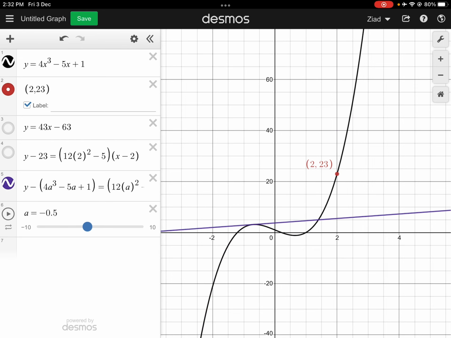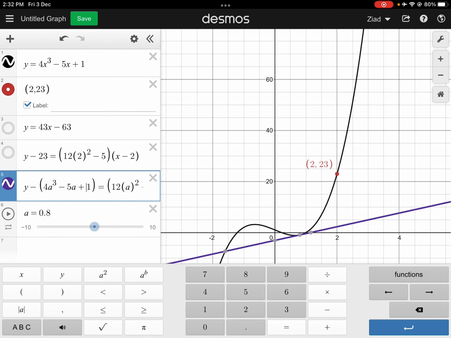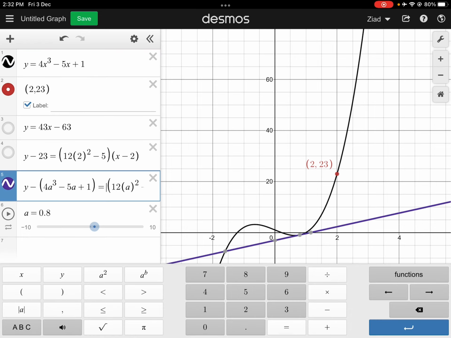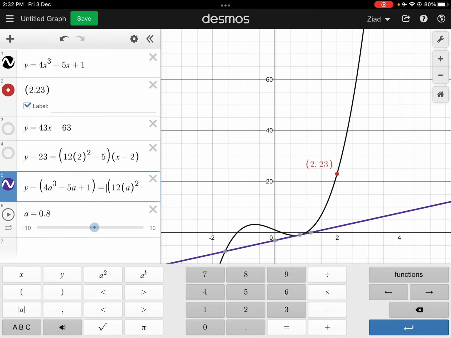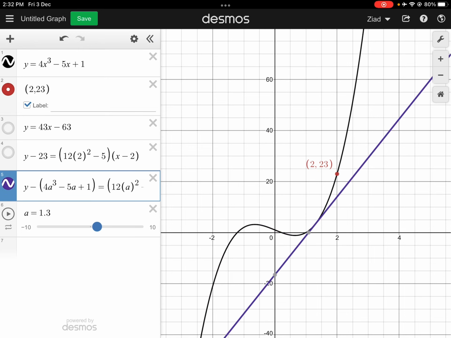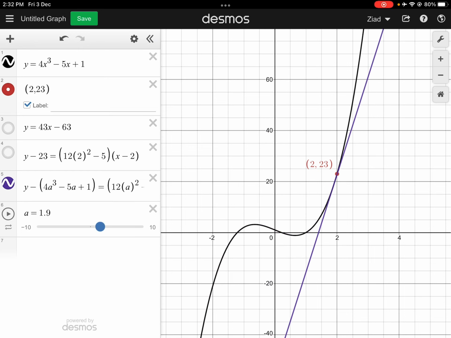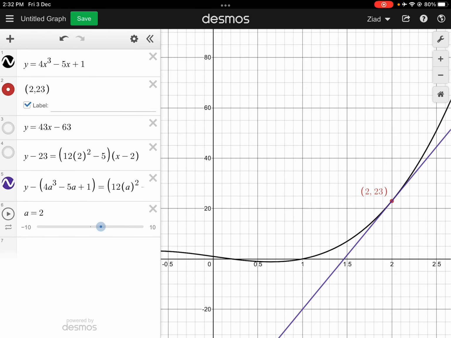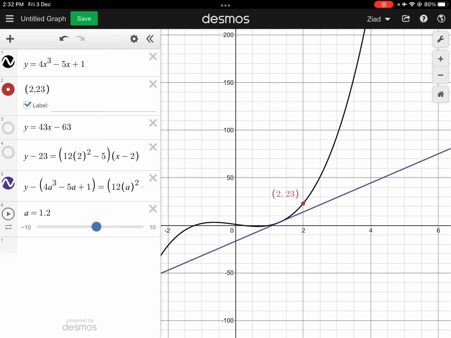So we did it in general, the formula y minus f of a, just replace a inside the formula here, and equals the slope, which you compute from here, 12x squared minus 5. Then you replace a there, times x minus a. And then if you choose any a, for example, they told us to do it at 2 in the exercise we solved before. So at 2, you'll get the right tangent line. But this way you get all of the possibilities.